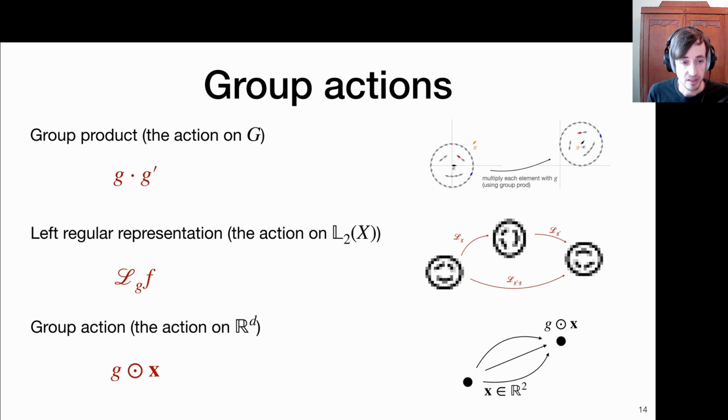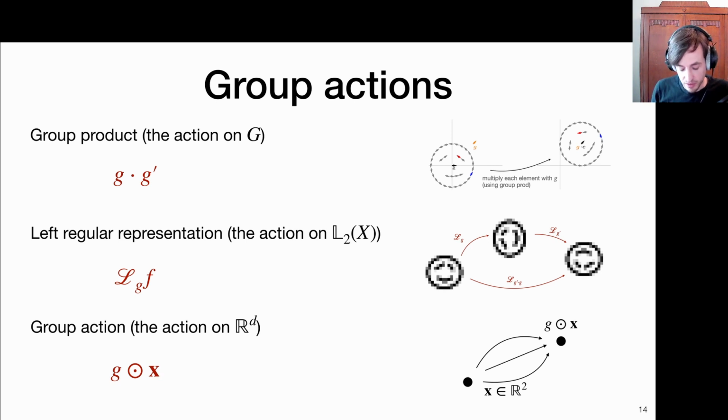And sometimes in these lectures I'm going to use this notation for it. So you see, all of these operations satisfy the group structure, and we might use different symbols for it. For example, the dot to denote how to concatenate two group elements, or to denote a group product. We can use a symbol like L or rho to represent the representation of the group, and this other dot to represent the group action on a Euclidean vector space.